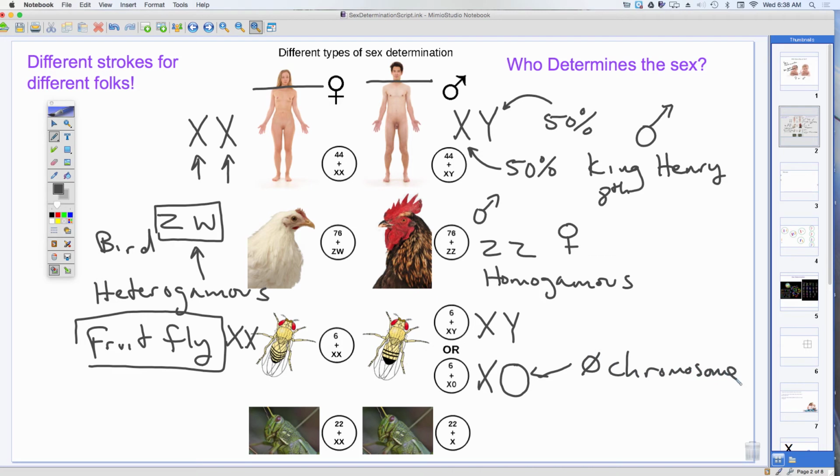And because of that, we say that the males, because they either have a Y or they have no chromosome, determine the sex in flies.